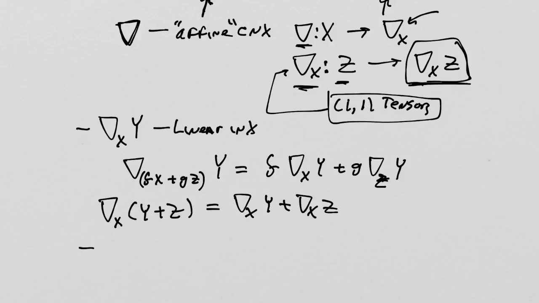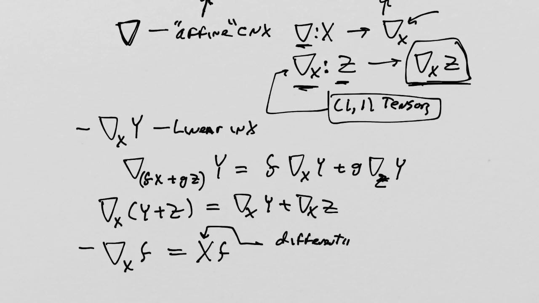Then I want to define this for functions. So I want to say that this object, when it acts on a 0-0 tensor, is going to be the vector field in question acting on the function. Remember, these vector fields are understood to be differential operators. This is a differential operator, so it can act on functions.